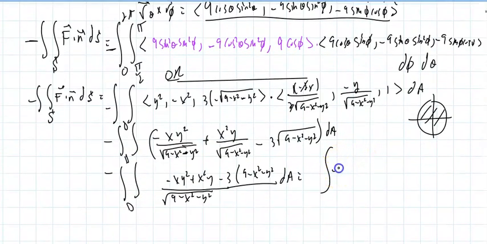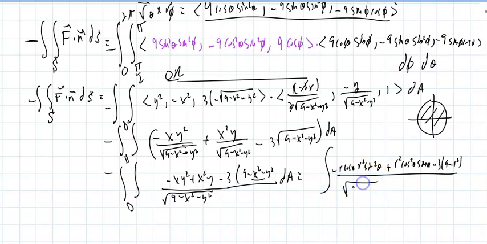Well, that would be negative r cosine of theta, r squared sine squared of theta, plus r squared cosine squared of theta sine of theta, minus 3 times 9 minus r squared, that's this part, over the square root of 9 minus r squared, right?